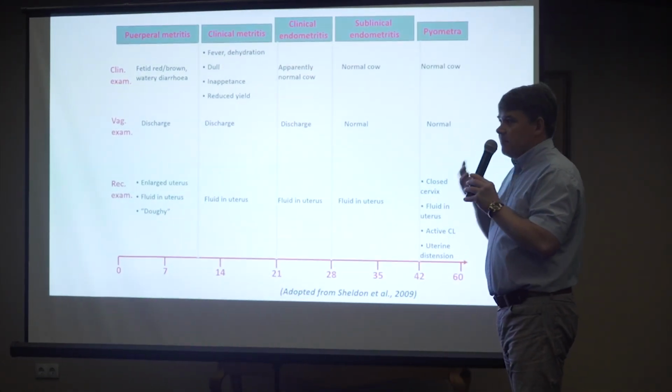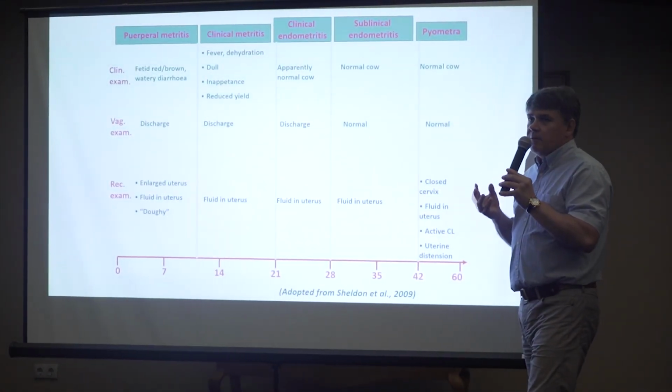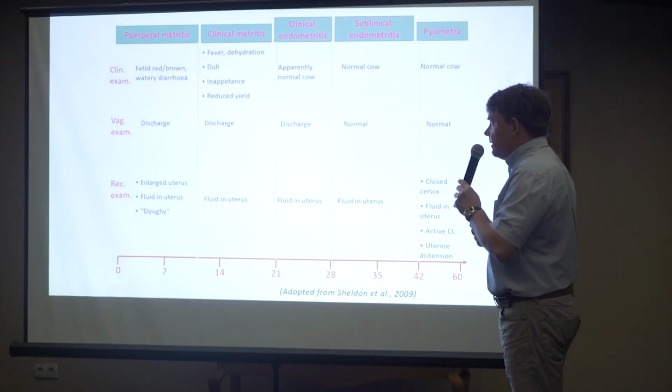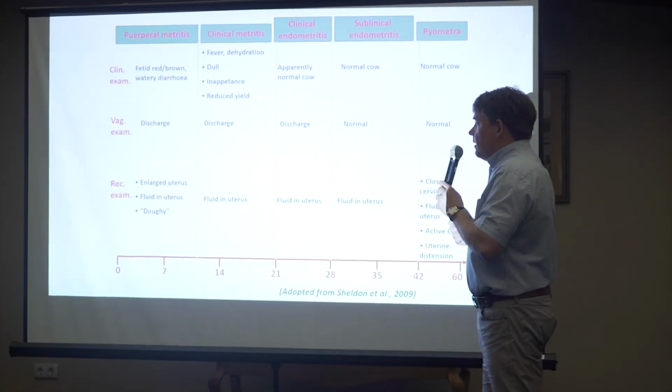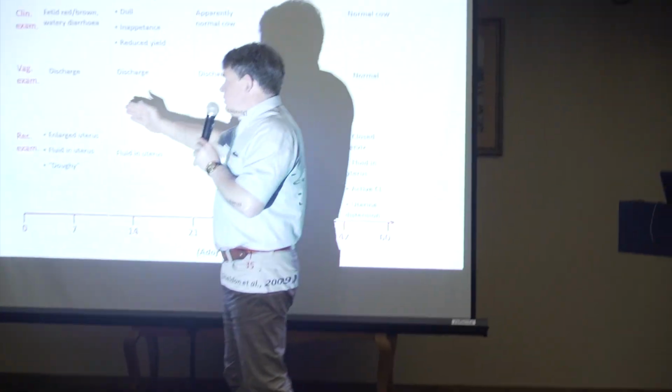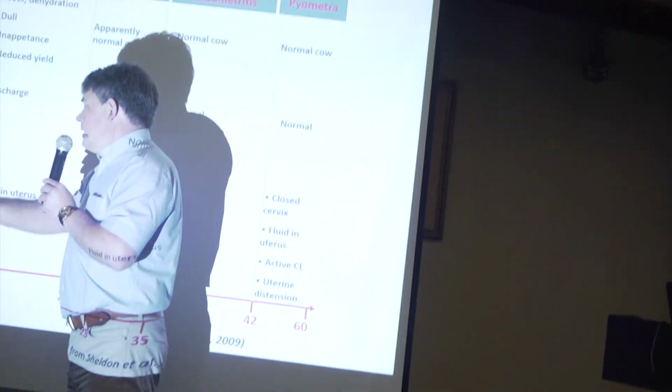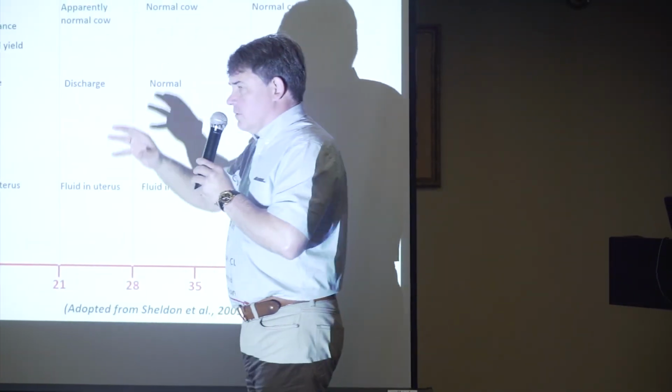This discharge is smelling, and usually the cow has a fever if you take the temperature. And of course, the uterus is enlarged. There is always fluid in the uterus, and the consistency of the uterus is doughy.